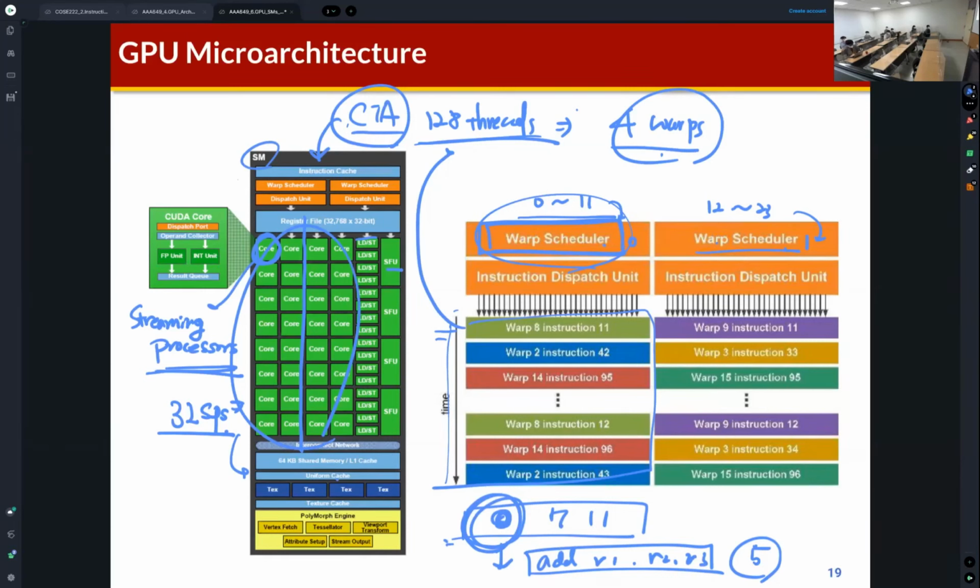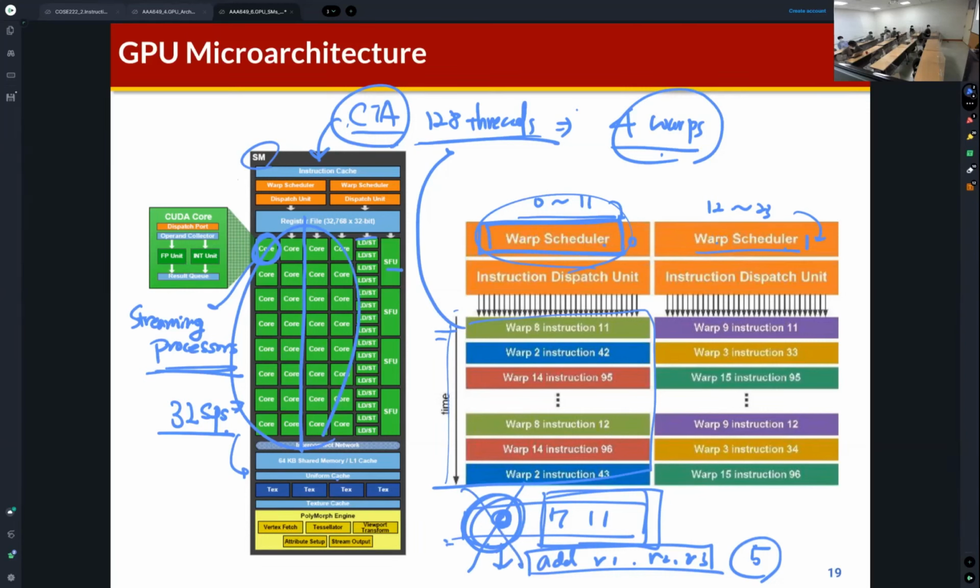So in this example, in the next cycle after warp 0 is issued, the warp scheduler also searches for the ready warps. It finds that warp number 7 and warp number 11 are ready, and warp 0 is not ready because it is already being executed.